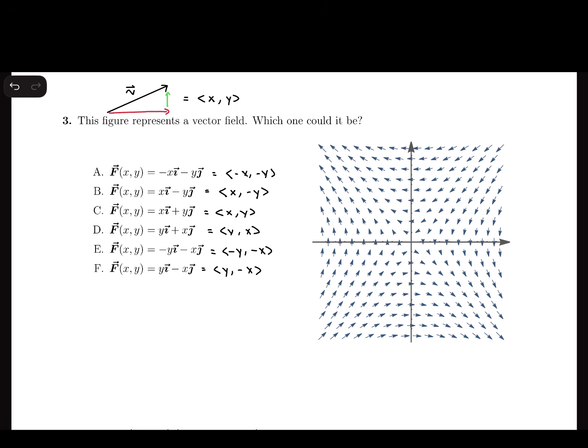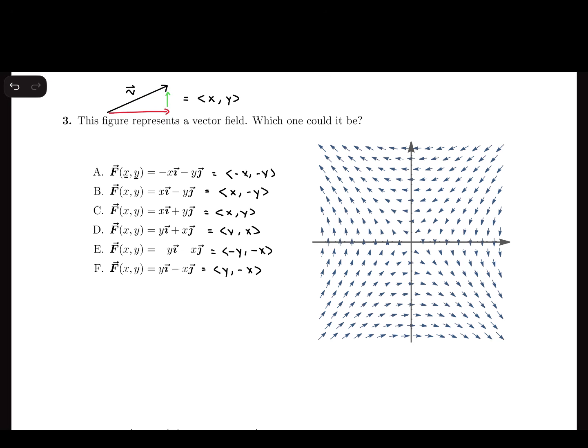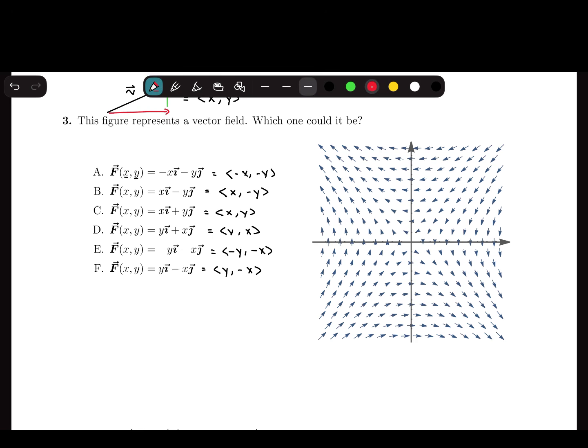Okay, so we have all these vectors right here, and they correspond to these points, the vector f of x, y. I bet I can get this done with one single point. If you're doing a vector field question, you should always look towards the axes first, because either x will be 0 or y will be 0. So let's look at this point right here.